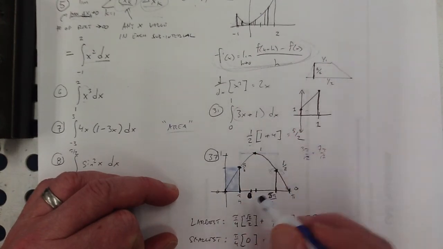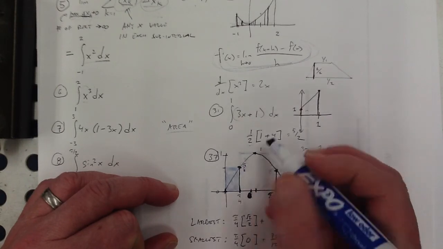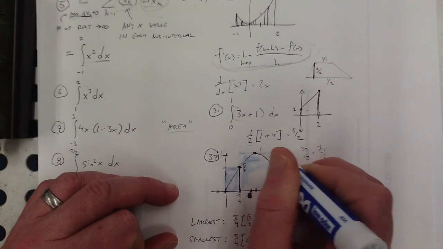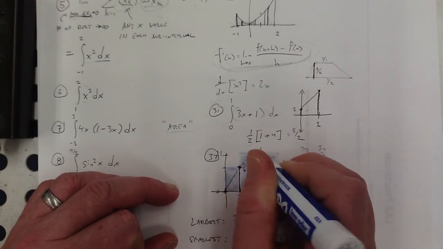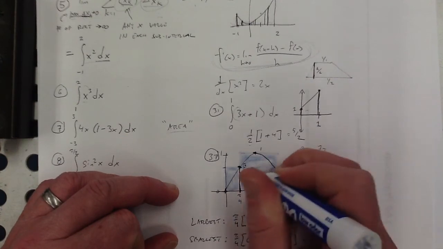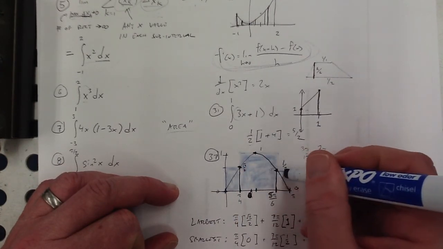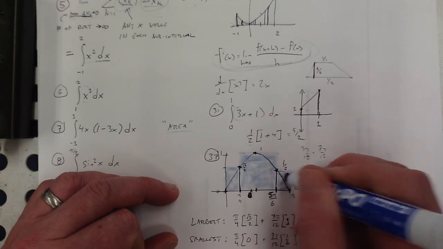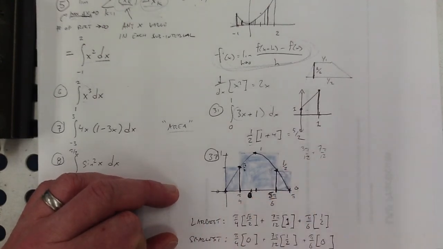So this is the largest. Gotta stay inside the lines if you can. So that is the largest Riemann sum that there is, given these 3 subintervals.